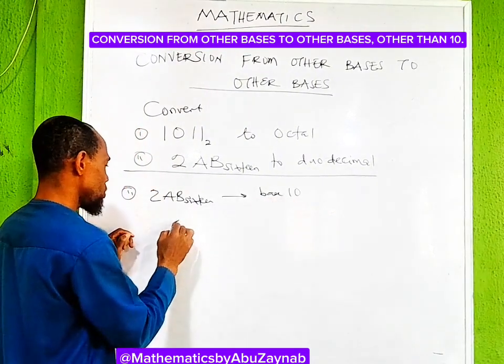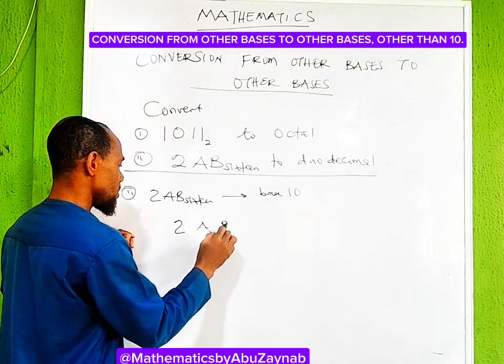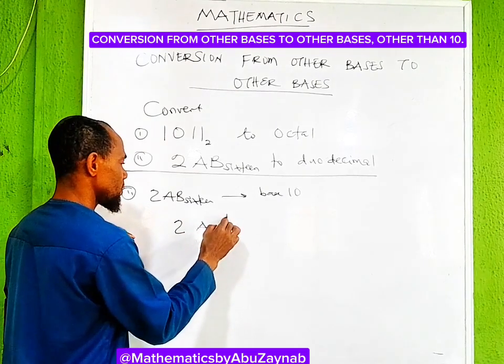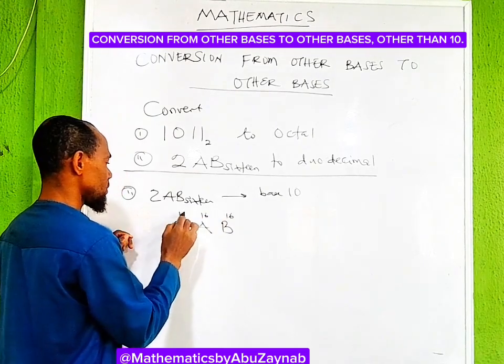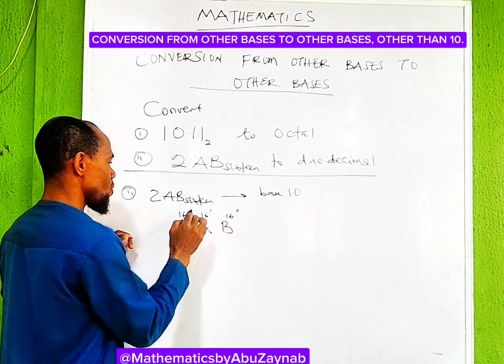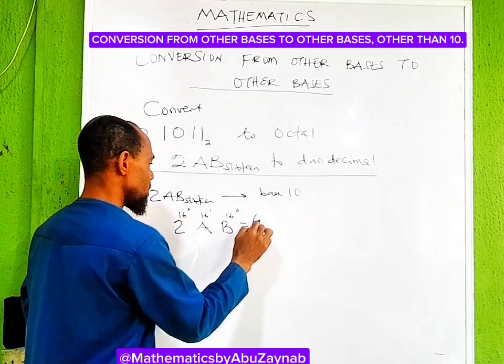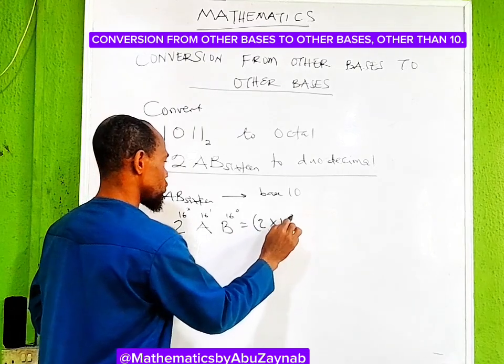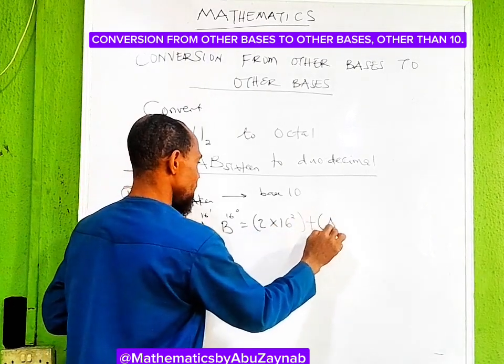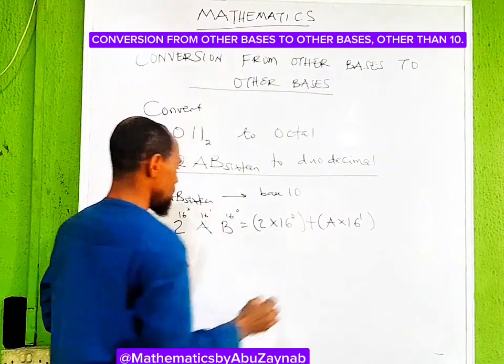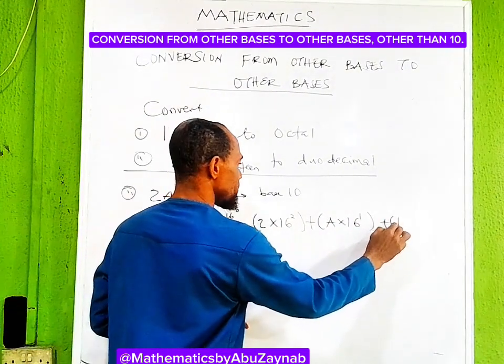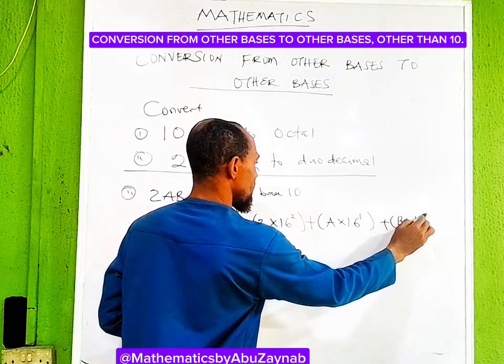And that goes this way. 2AB. We have 16, 16, 16, with powers 0, 1, 2. And that is going to expand as 2 times 16 squared plus A times 16 to the power of 1, then plus B times 16 to the power of 0.